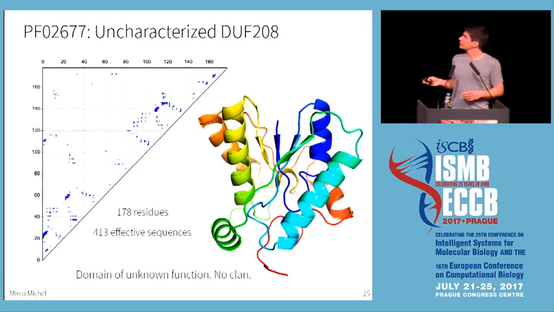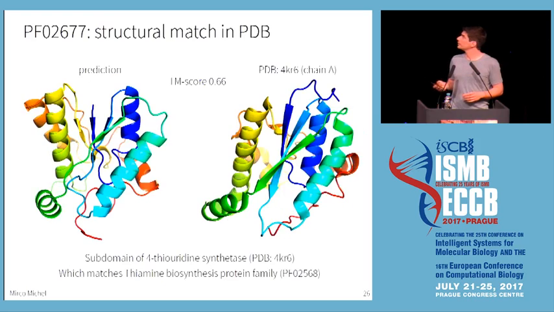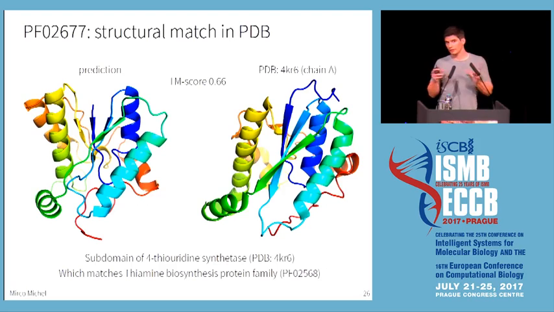If we then use this model and search in PDB, we get a match to a subdomain of a structure of this 4-thiouridine synthetase. And if we look at this structure, we see that it actually matches a part from another PFAM domain, PF02568.